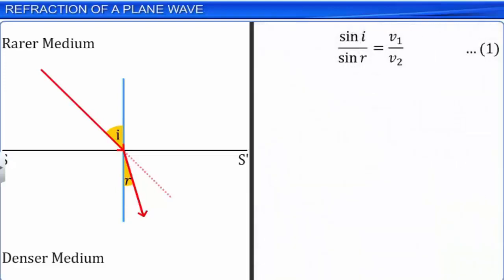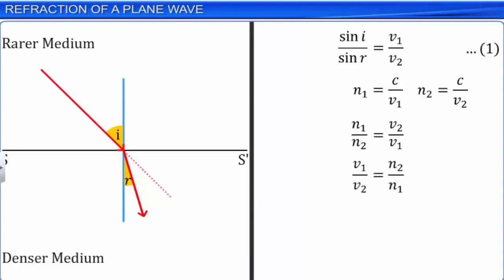If c is the speed of light in vacuum, then the refractive index of medium 1, N1, is equal to c by V1, and the refractive index of medium 2, N2, is equal to c by V2. Therefore, N1 by N2 is equal to V2 by V1, which can also be written as V1 by V2 equal to N2 by N1.